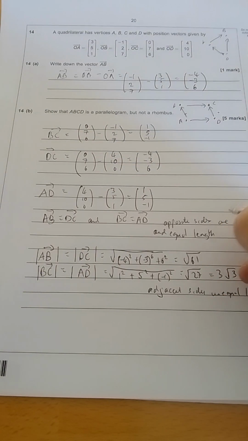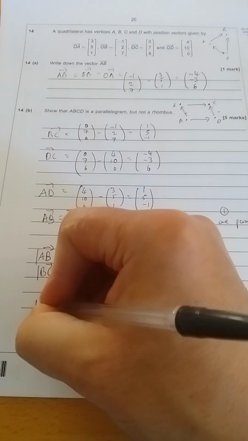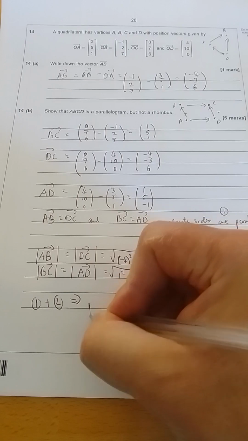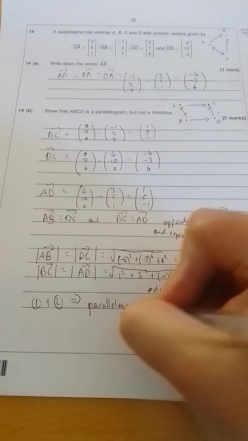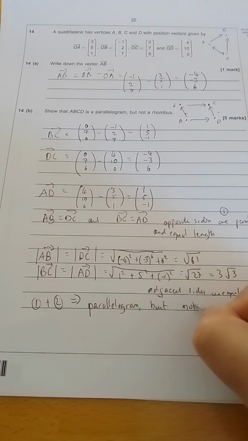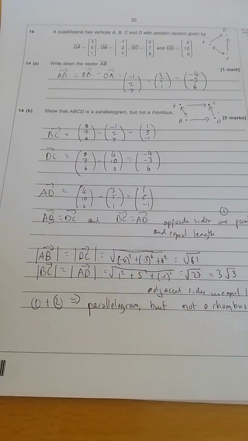So together those two facts, 1 plus 2, tell us it's a parallelogram but not a rhombus. And that concludes question 14.